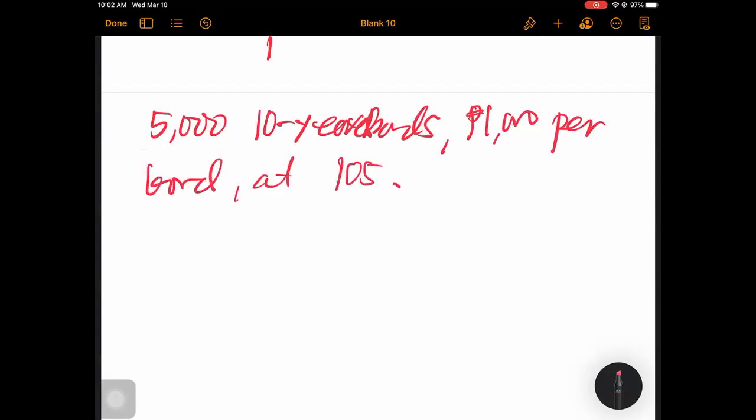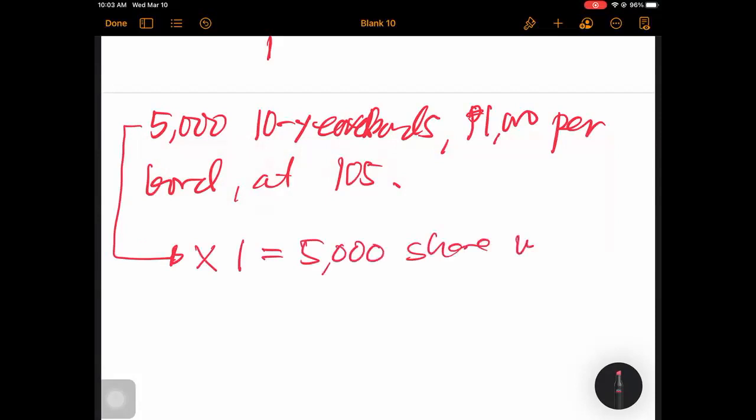Each bond is accompanied by one warrant. So therefore, kada isa ka bond, 5,000 bonds, naa na say isa ka warrant. Issued by one warrant that permits the bondholder to purchase 20 equity shares. So naa tay 5,000 share warrants na pwede gamiton i-exercise ni holder to acquire shares sa corporation nato as issuer.